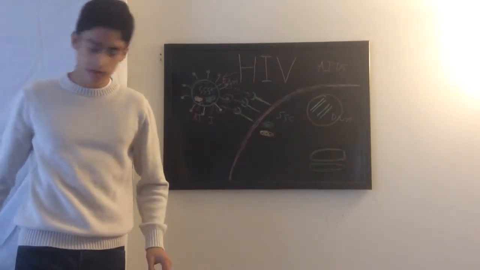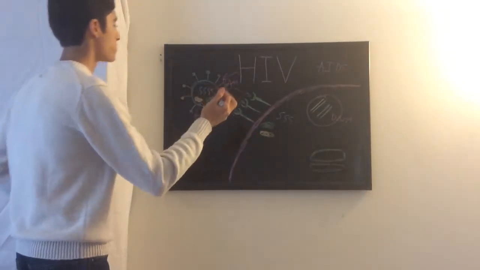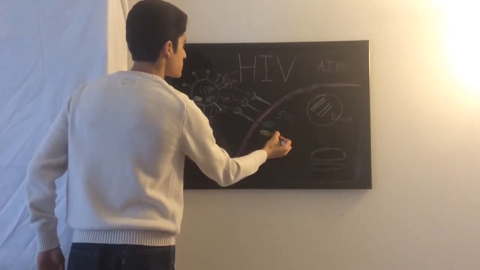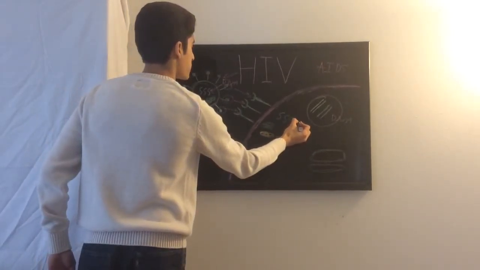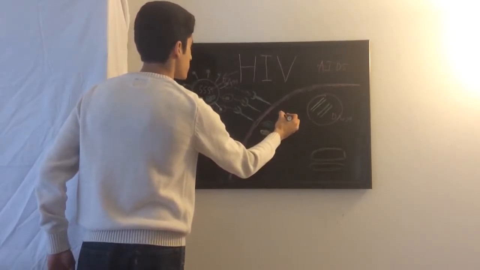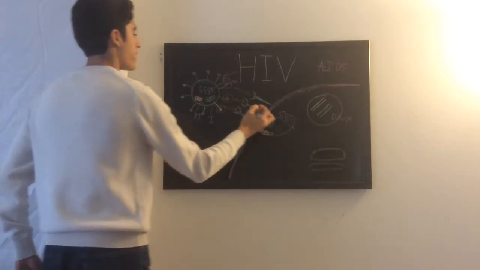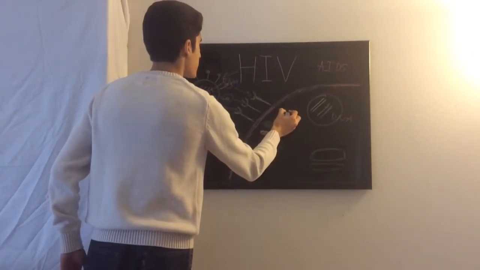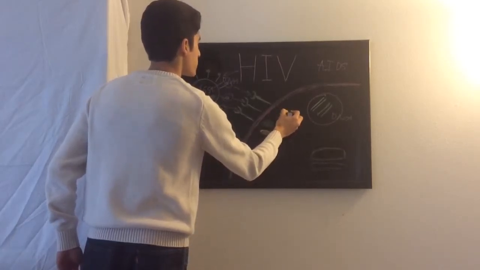It'll start by copying its genetic information. The reverse transcriptase will make a complementary DNA strand for each of these RNA strands, and then it will degrade each of these RNA strands, and it'll make another DNA strand.